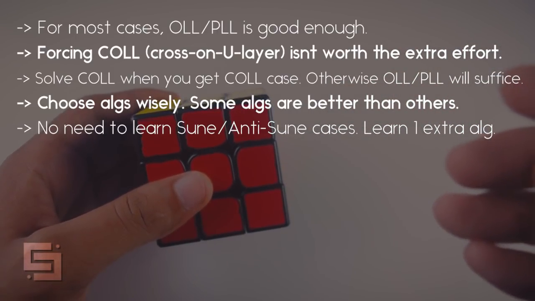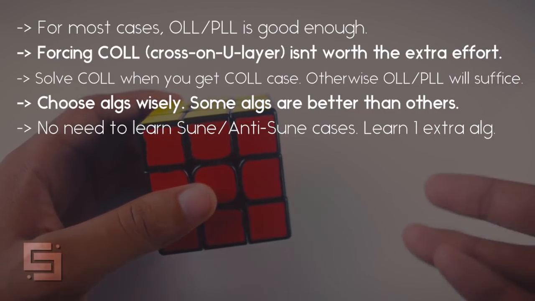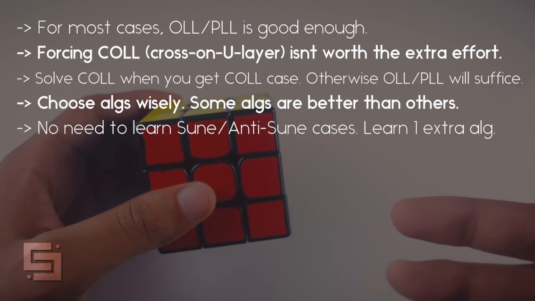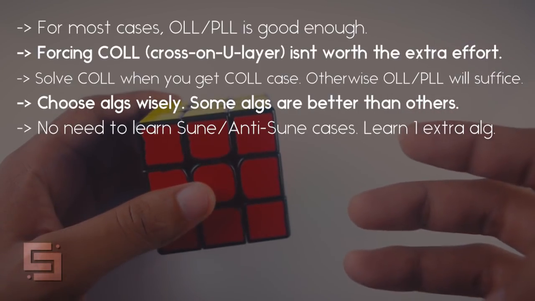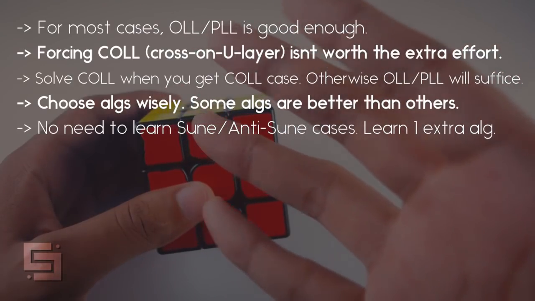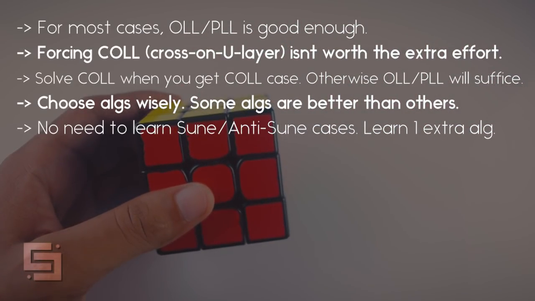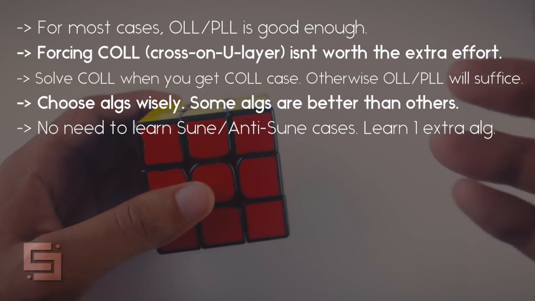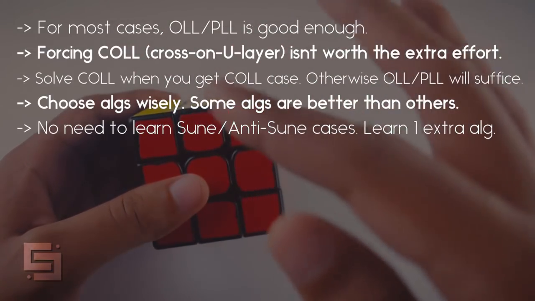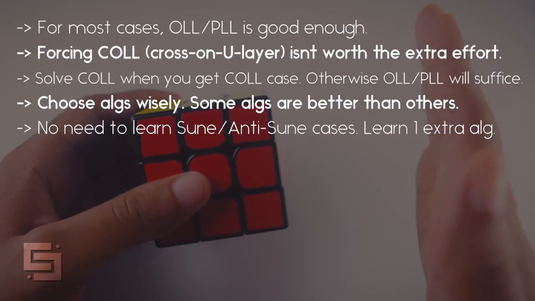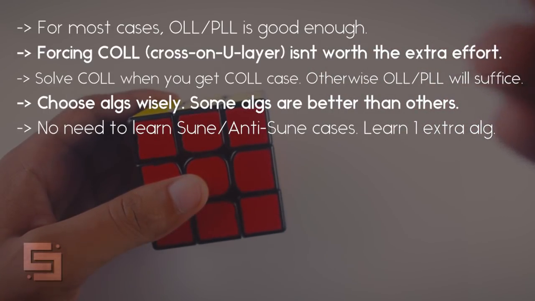And some people might even say that H CLL cases are also not worth learning, since the standard algorithm is going to be faster in most situations. But I'll personally say that H cases should be learned, and there are only 4 cases, so it's not too much. And apart from the Sune and Antisune CLL cases, you should be learning the CLL for all the other cases and using CLL only when it comes up. Do not force CLL cases. Only do CLL when you get a CLL case.